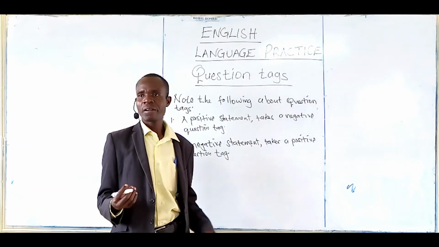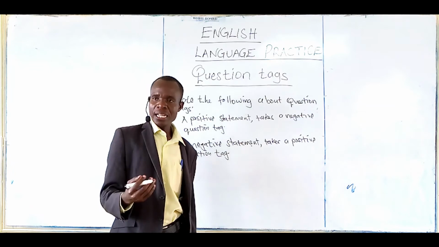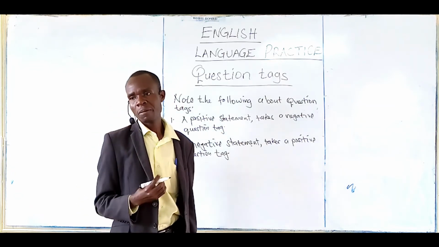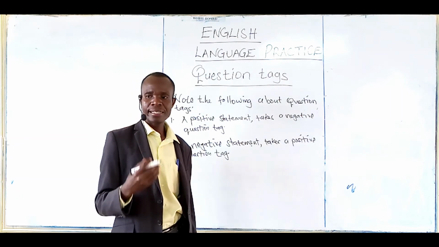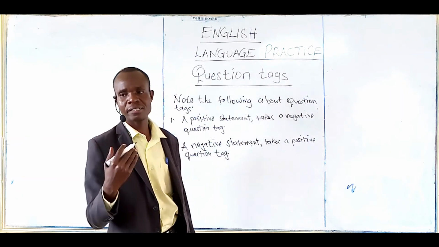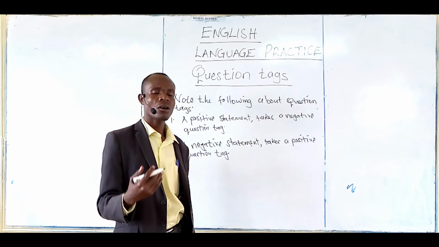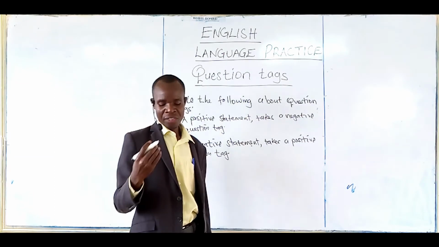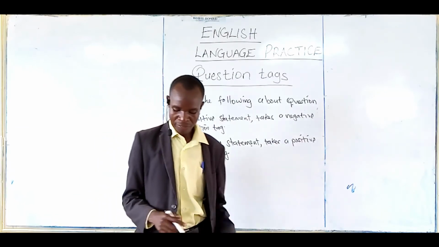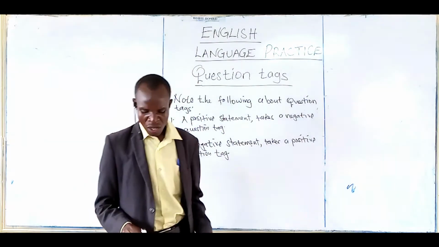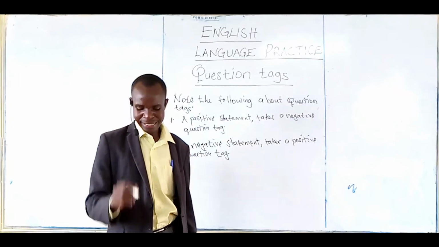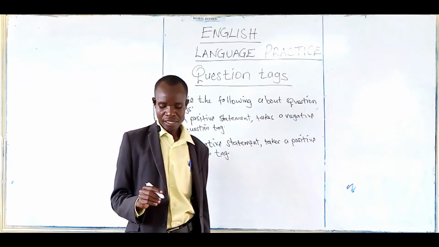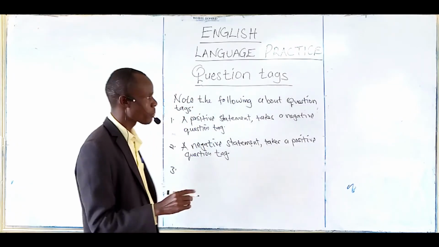And of course, you know in English, mainly we are guided by the verbs used. If you want to know whether the sentence is in the past or the simple present tense, we are guided by the tense of the verb. Example, when the main verb in a sentence is in the simple present tense, then the question tag is formed with "do".